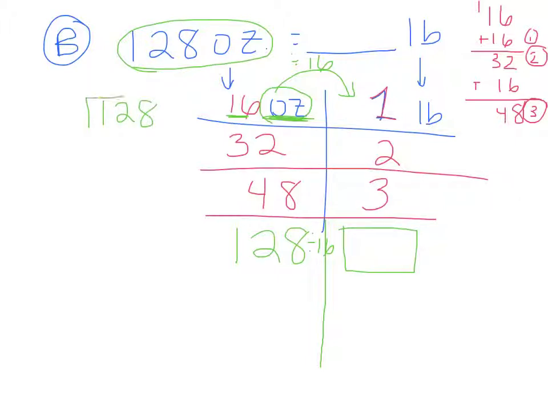128 divided by 16. How many times can 16 go into 1? 0 times. It doesn't fit. How many times does 16 go into 12? Again, 0 times. So now how many times can 16 go into 128?